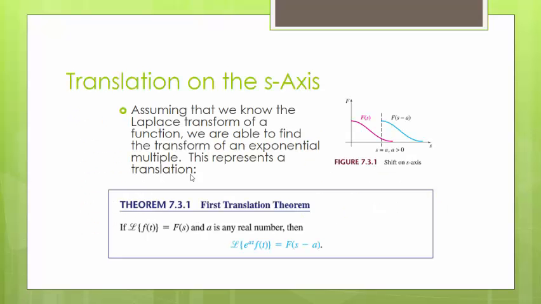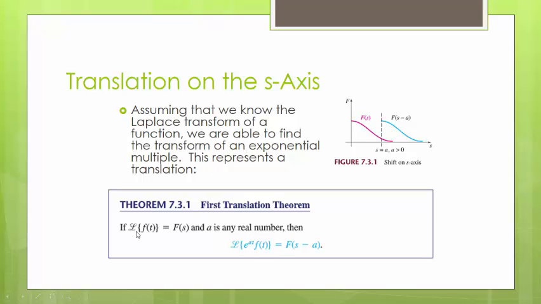So the first translation theorem. If you already know the Laplace transform of a function, so we already have built up some properties where we know how to take the Laplace transform of polynomials, trigonometric functions, exponentials, we already know the Laplace transforms of all of those. Then we are able to use a translation if your function has this form.